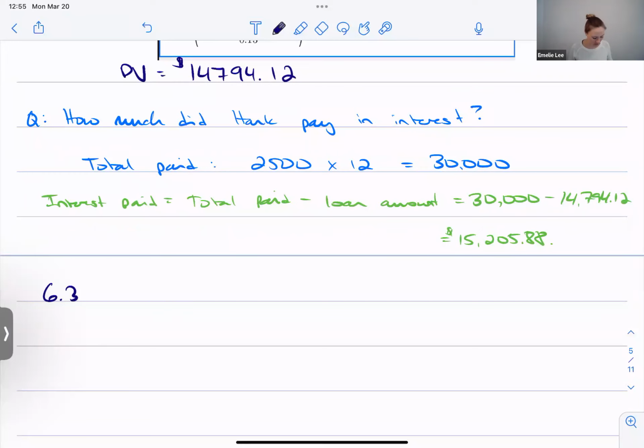Section 6.3, just like before, right? We just go through and calculate each of the components of the formulas.